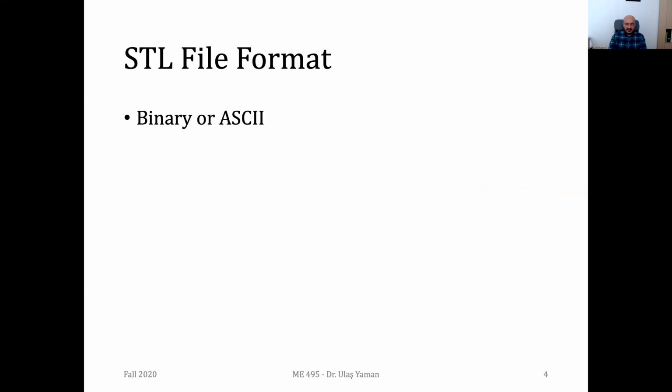Let's go into details of the STL file formats. Since this was your homework, you have already studied, I think, the file format. We have two versions, the binary version and the ASCII version. In the binary one, the information is represented by using binary values.